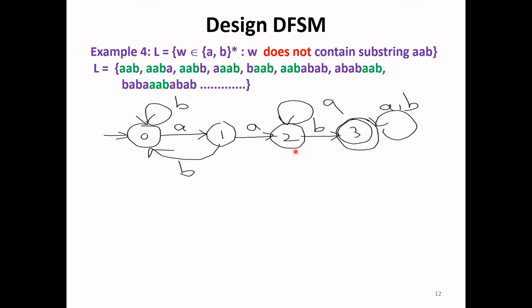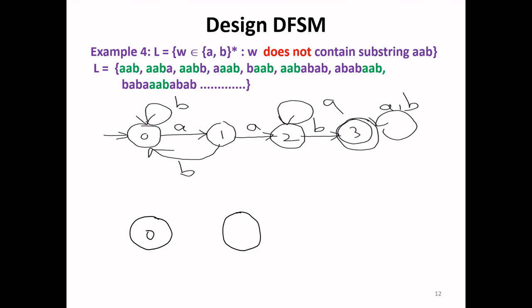But now we have to design the reverse of it, that is strings that do not contain substring AAB. So if this question is asked, how do we design such a DFSM? It's very simple. Let's start designing. So the first step is to design the DFSM for containing substring AAB, that is the same DFSM. So let me design it once again.